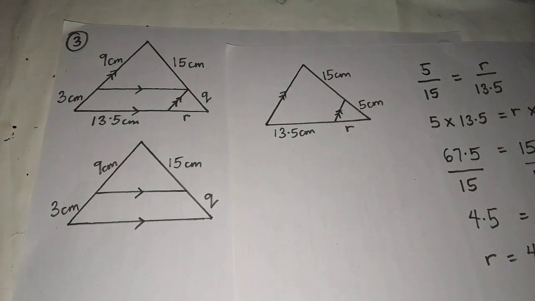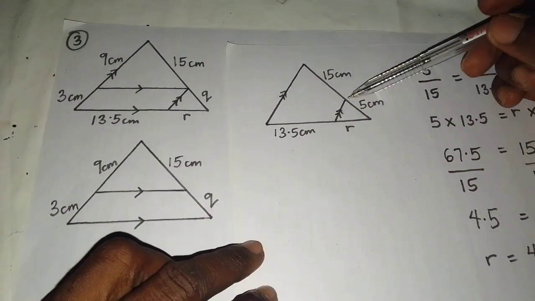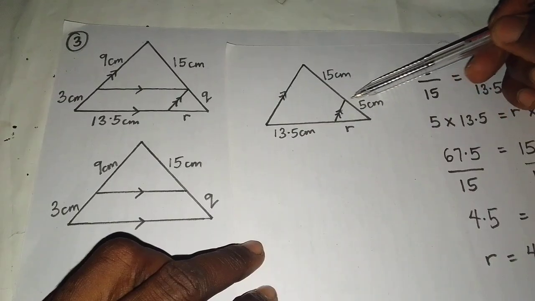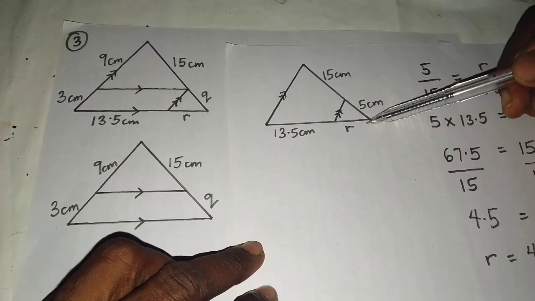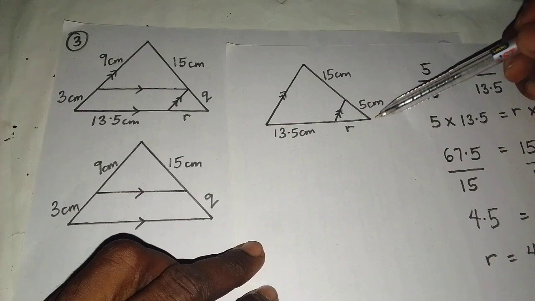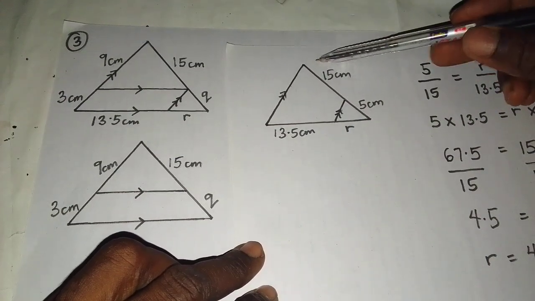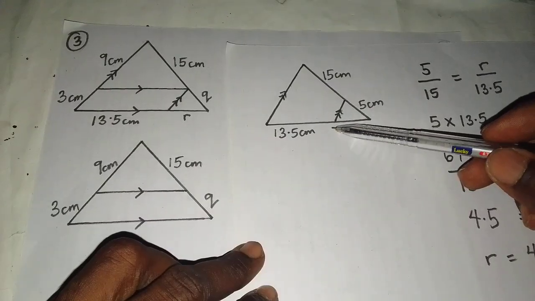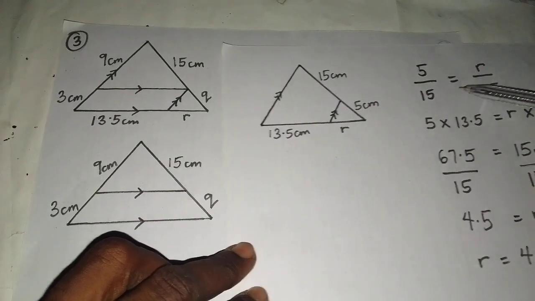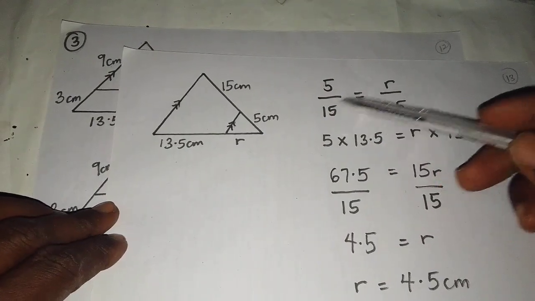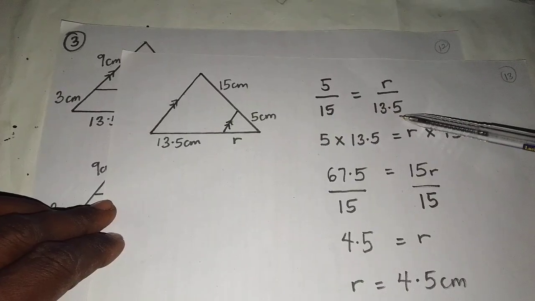So according to the rule, the ratio at which this parallel line will divide this side will be equal to the ratio at which it will divide this side. So that means 5 over 15 is equal to R over 13.5.